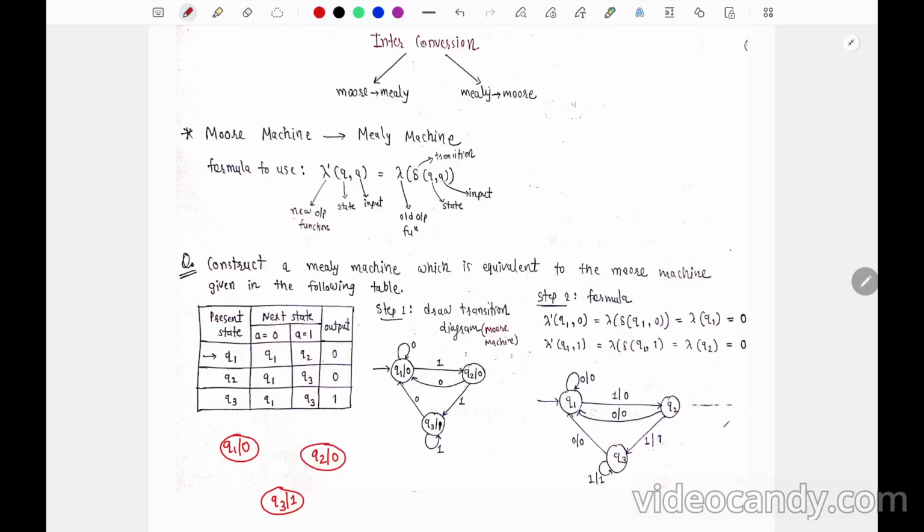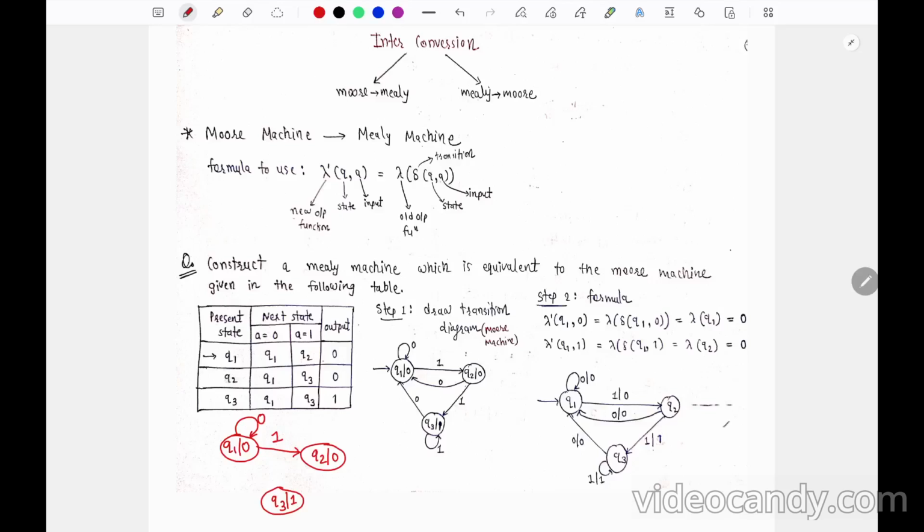So this is how we can write. Next, if we give input 1 to the present state Q1, it gives the next state Q2. Now let's move to the next state Q2.